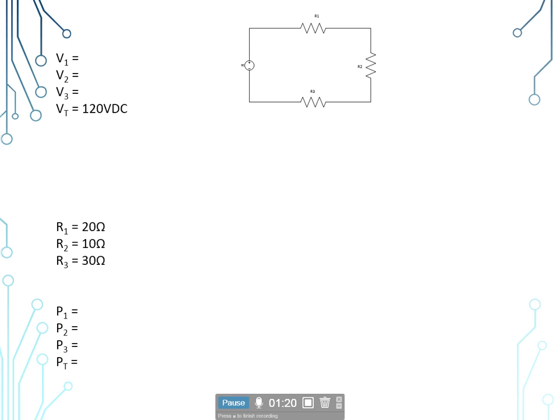If you recall, the series circuit rule states that the sum of the individual resistances equals the total resistance. So R sub t is equal to R sub 1 plus R sub 2 plus R sub 3. That 20 plus 10 plus 30 gives us 60 ohms total resistance for this circuit.